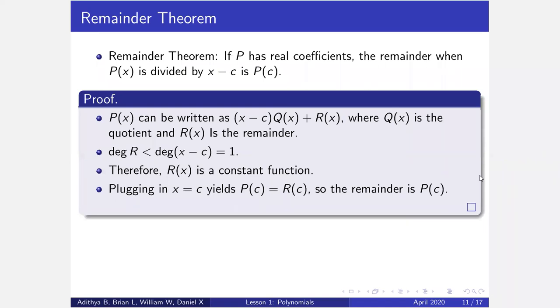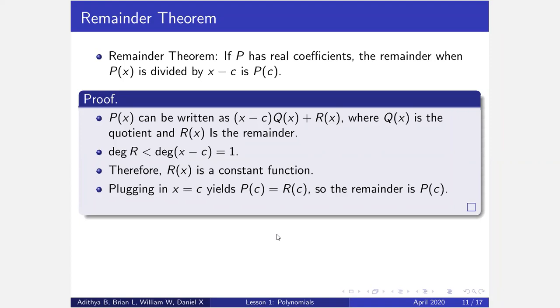So first, when we divide it by x minus c, we can write the quotient as q of x and the remainder is r of x. So then we can say p of x equals x minus c times q of x plus r of x.